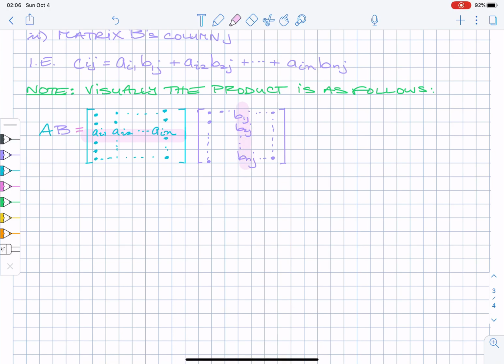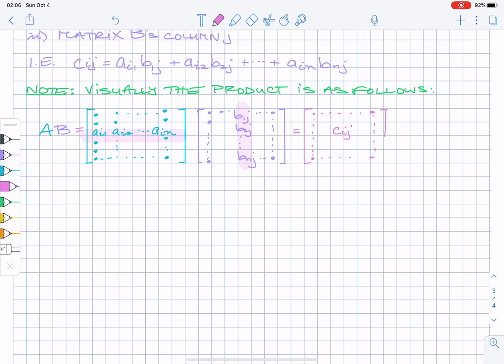And when I do this multiplication, the entry for the product C sub ij is going to be the sum of the products of all of those entries.